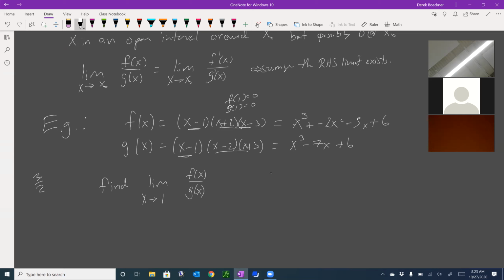But I can't take this limit right away because as I go to 1, I get 0 over 0. So I would have to factor it out, cancel, then reevaluate.